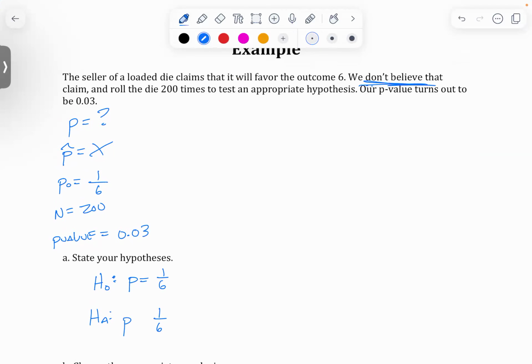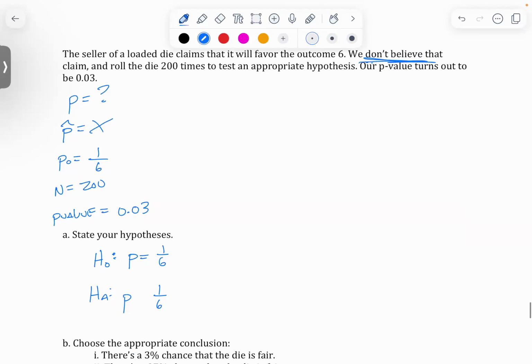So that means if someone says the die is favored and you say you don't believe it, well, that means you're starting with the basic assumption the die is fair, as most dice are. And then you want to prove, right, that the die favors the outcome 6. Well, favoring the outcome 6 means it would roll 6 more often. So it would have a greater than 1/6 probability.